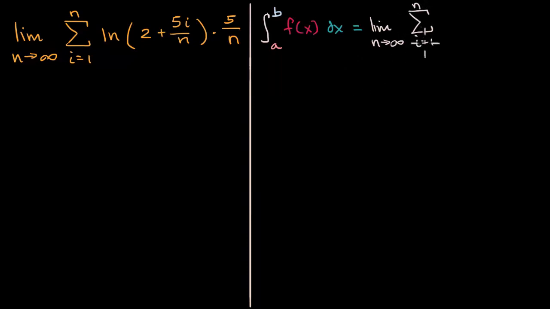And so we're essentially going to sum the areas of a bunch of rectangles, where the width of each of those rectangles we can write as a delta x. So your width is going to be delta x of each of those rectangles.